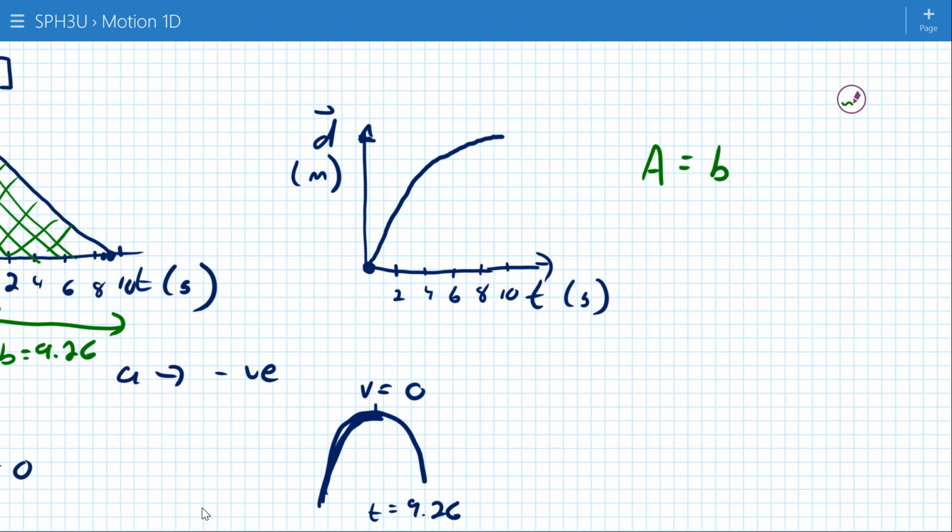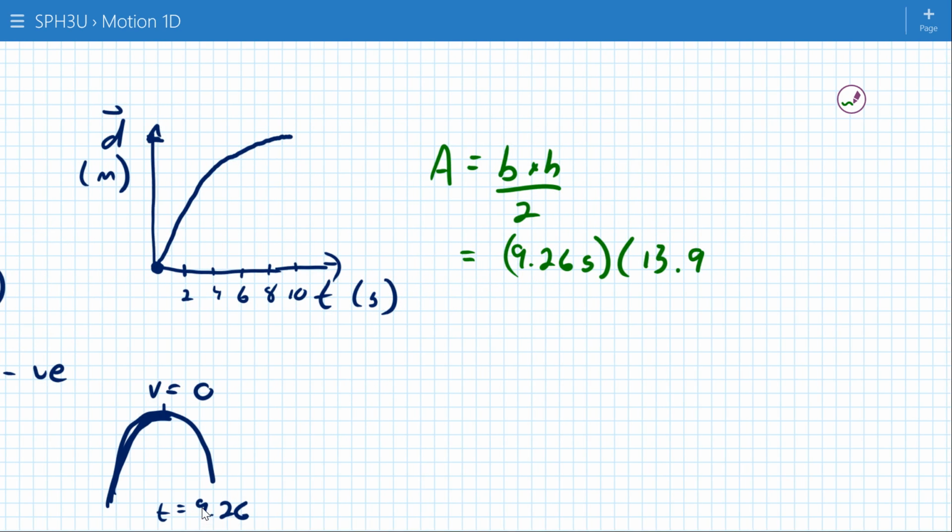Area equals base times height divided by 2 equals 9.26 seconds times 13.9 meters per second divided by 2 is going to give me 64.4 meters.